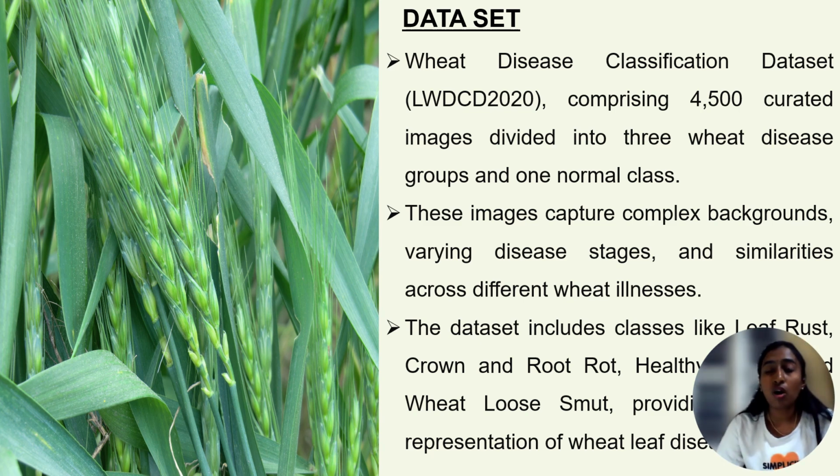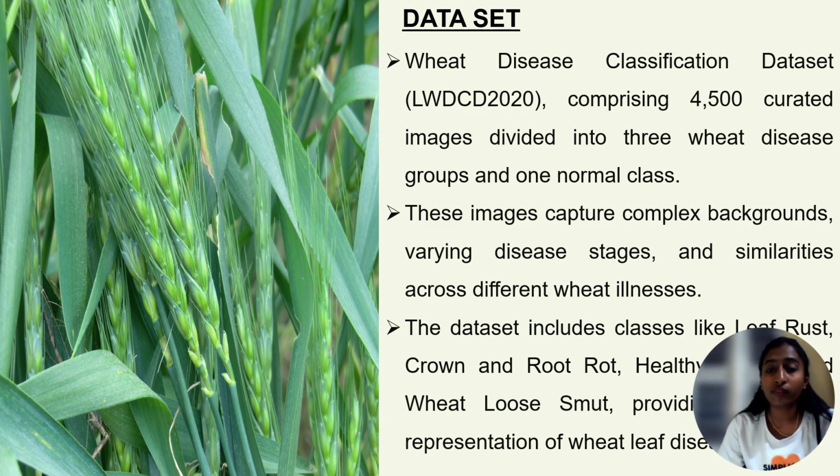So how will it classify? We will pre-process the features, such as capturing complex backgrounds and disease stages. Some of the diseases have a first stage, second stage, and third stage, and there are similarities across different illness.